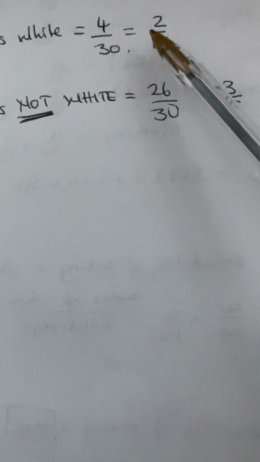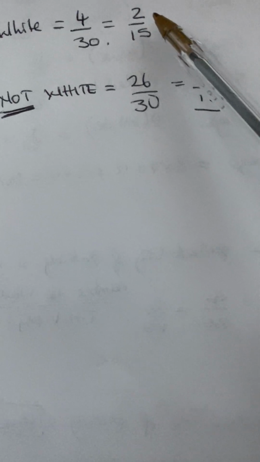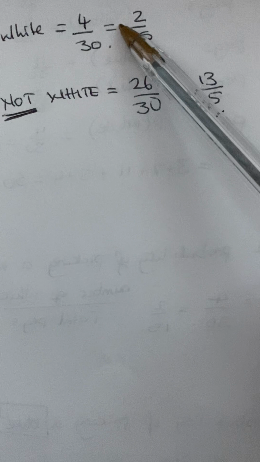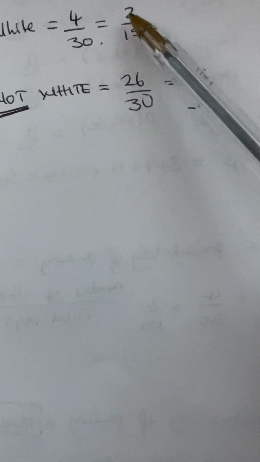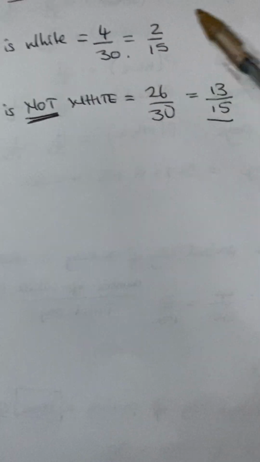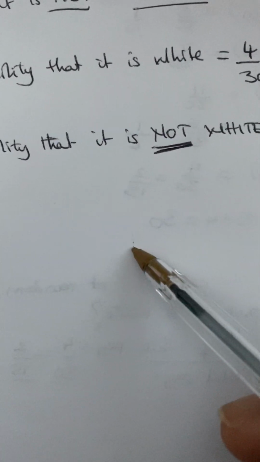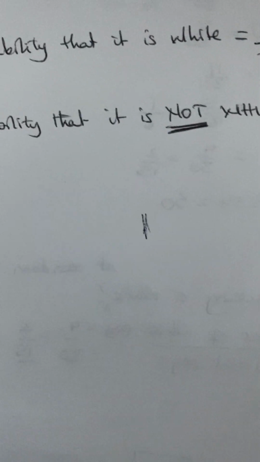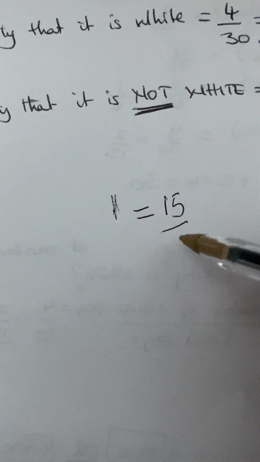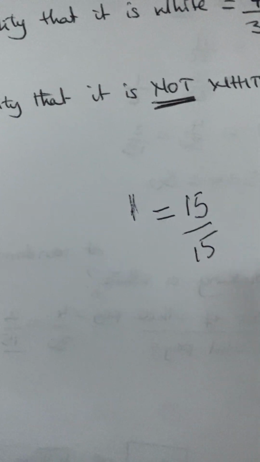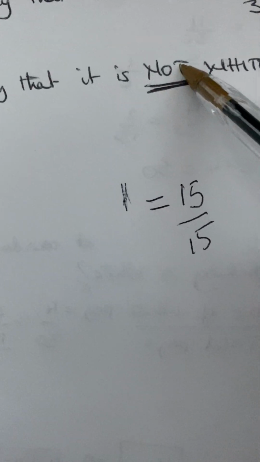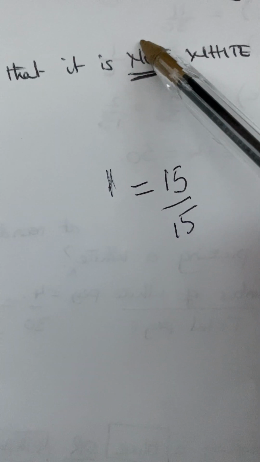Or you know that the total probability should always be 1. So 1 minus 2 out of 15. Your 1 here, because you are dealing with fractions, you can write as 15 out of 15, identities again, because you are looking for the probability of not being a white.